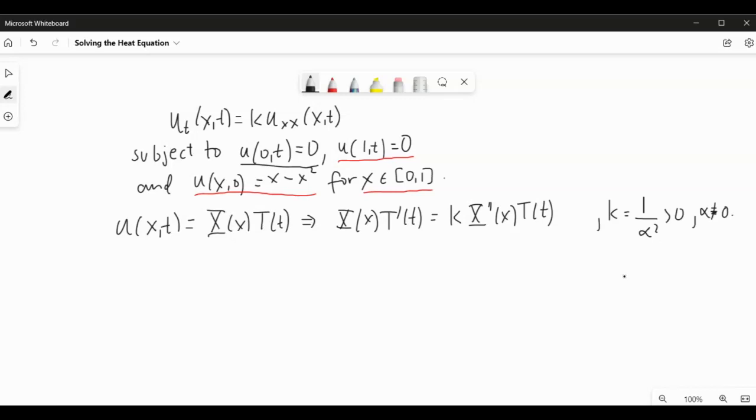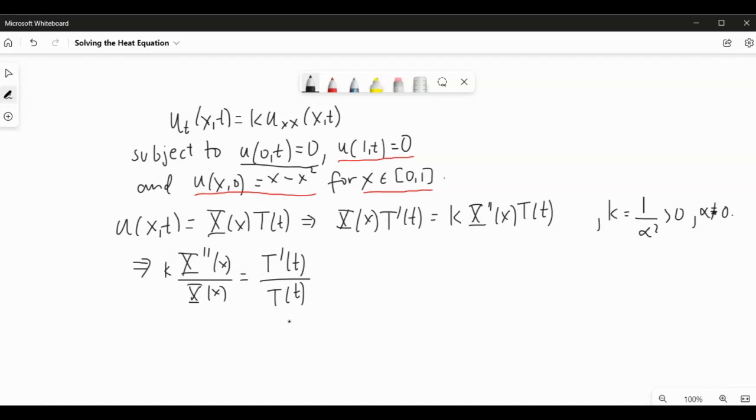Okay, so with that said, from the last equation, after rearranging some of the terms, we will have k times capital X double prime of x all over capital X of x equal to capital T prime of t all over capital T of t.